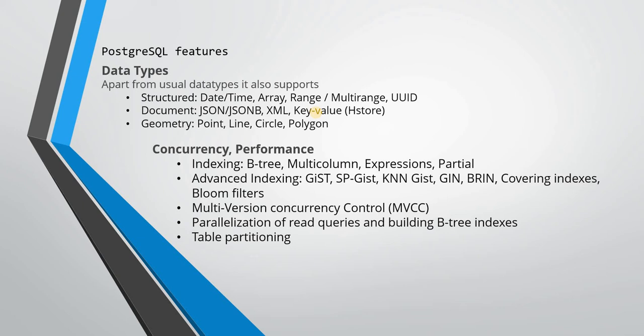If we go for advanced indexing, then GiST, SP-GiST, KNN GiST, GIN, BRIN, covering indexes, Bloom filters, and so on. Multi-version concurrency control is very important when it comes to DML operations, right? If you know, in Microsoft SQL Server the same thing is achieved with the help of snapshot isolation, right? So it's multi-version concurrency control, parallelization of read queries and building B-tree indexes, and then table partitioning.